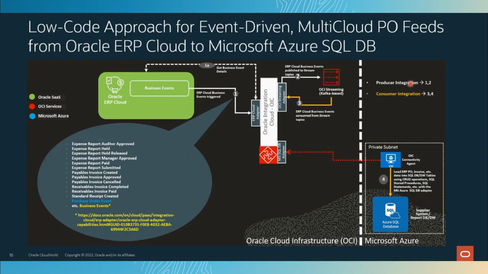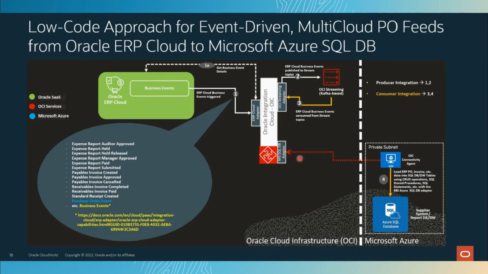This is what we already did, the first part, consuming the events and sending them to OC Streaming. So now we are already consuming the events using the streaming adapter, but we will send this to Azure SQL database. So we will host a connectivity agent in a VM, an Azure VM that is in a private subnet, and the connectivity agent is the one that connects directly to Azure SQL database.